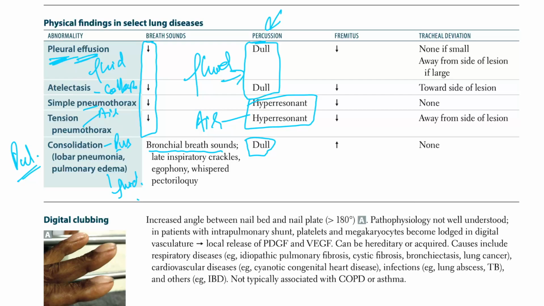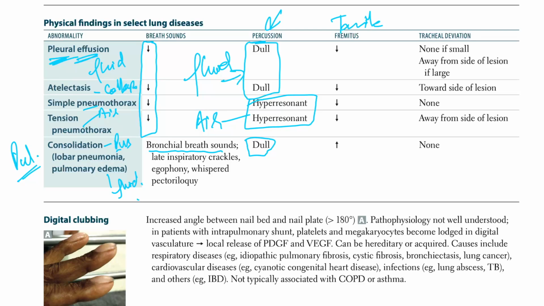Fremitus. What is fremitus? Tactile fremitus is a vibration produced by the voice and transmitted to the chest wall. You sometimes say to the patient, say 99, right? It's called tactile fremitus. So when they say 99, it is transmitted to the chest wall and you feel it.